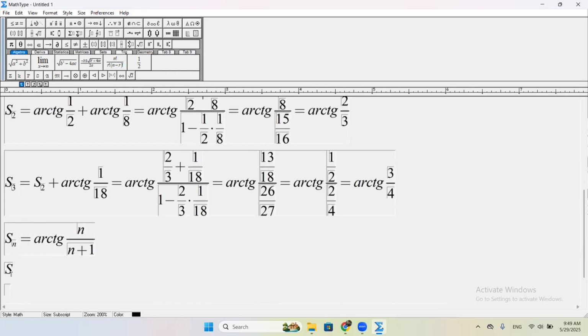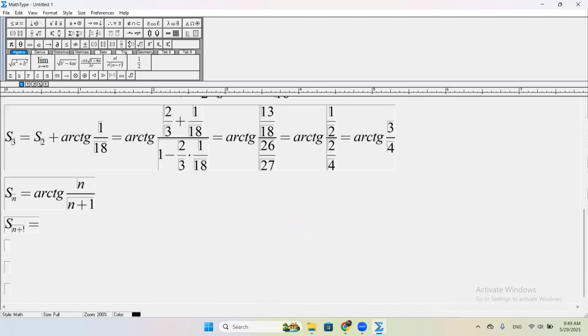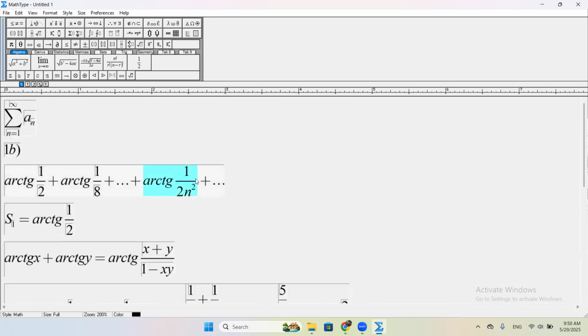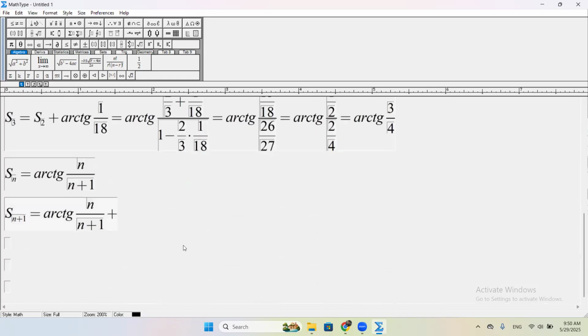So we have to calculate Sn plus 1. This is the idea of the mathematical induction method. We need to prove it for n plus 1, and after that we will see that it is true for Sn. So let's do it. Arctangents of this expression plus arctangents of this, and let me write down n plus 1 square.